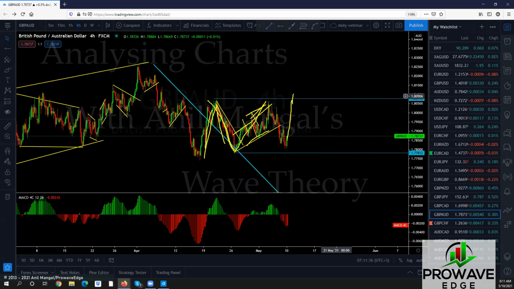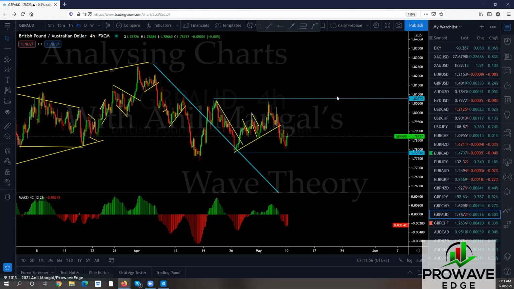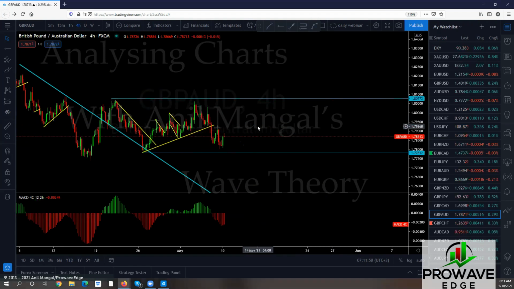You have 1, 2, 3. We will definitely go back up for this and then drop. This one is almost sure, because like in pound yen and pound New Zealand, this was the most corrective one. So I think at some point, whether they break the low or not, we're looking for one more move up and then downside. Let's see if we get a buy setup here sometime today.